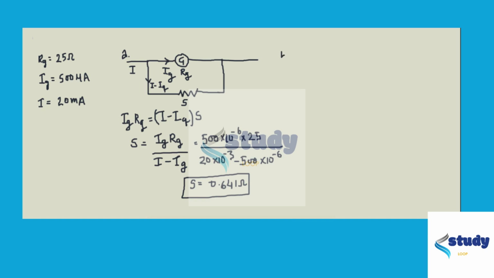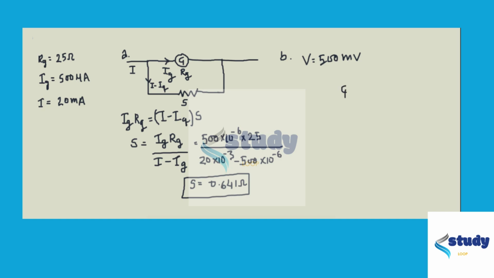Now for the second part, how can we convert the galvanometer to a voltmeter reading 500 millivolt full scale and compute the series resistance? To do that, we have to measure a voltage V of 500 millivolts. But we cannot again send a current more than Ig through the galvanometer.